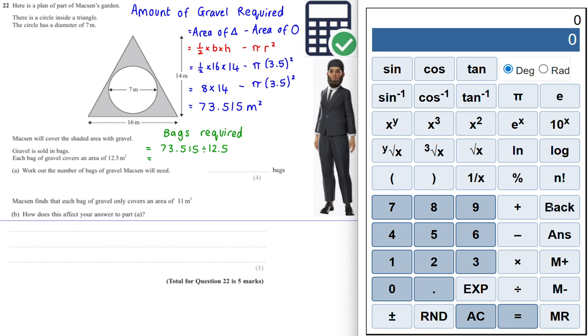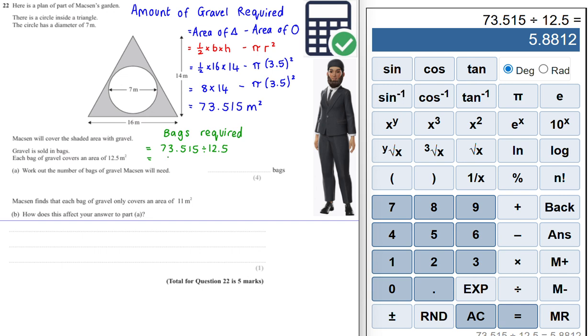Whoops, it looks like it hasn't stored our answer, so let's type in 73.515 divided by 12.5, and then press equals, and you end up getting 5.88 bags. Well, no one's going to sell you 5.88 bags. 5 bags is not going to be enough, so we're going to have to round it up to 6 bags, and that should complete the job for us.